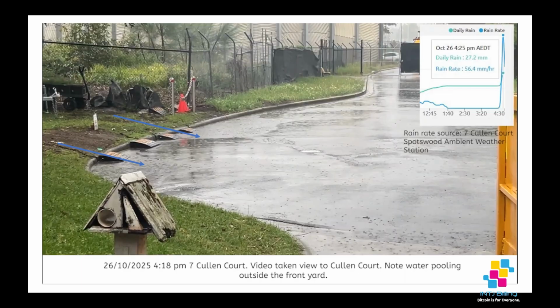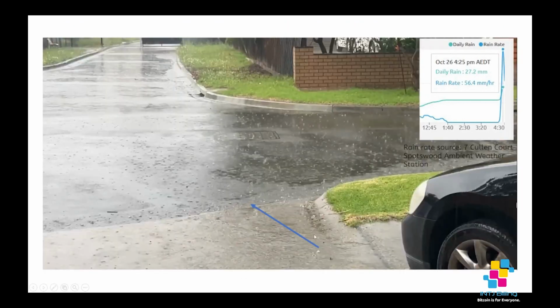The model's violating the governing equation of fluid mechanics. It's predicting uphill flow. So this is not my interpretation. It's not a difference of opinion. It's a fundamental breach of physics. So here's our driveway crest here, flow direction.